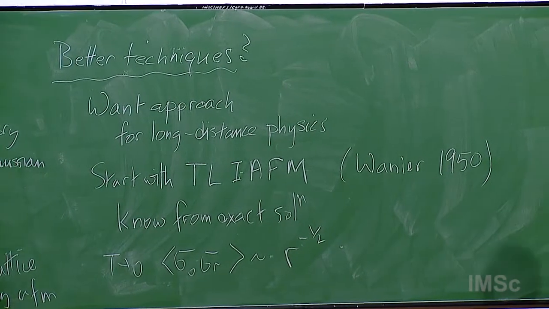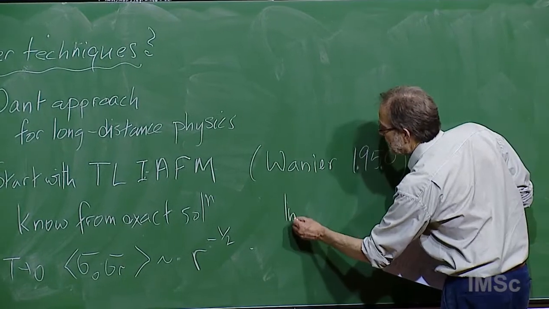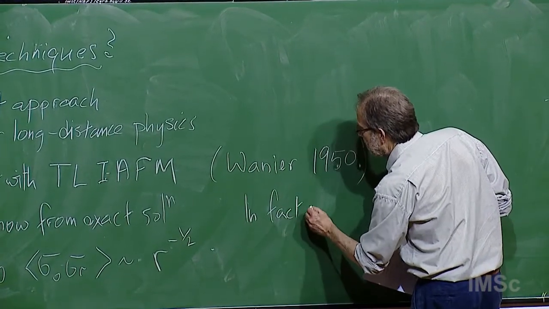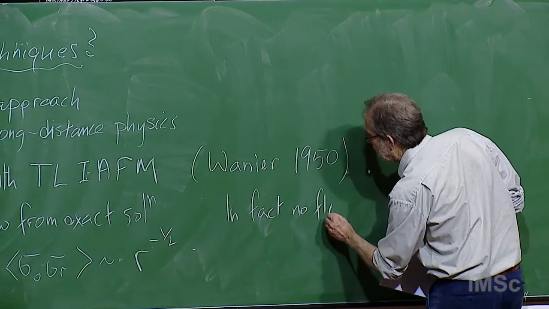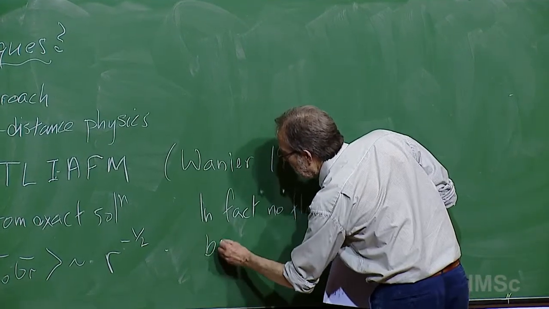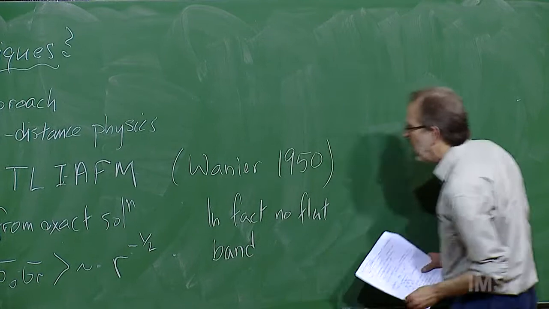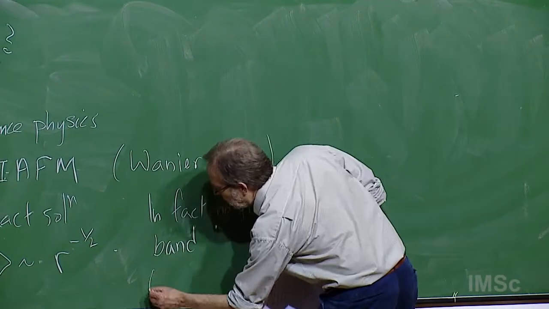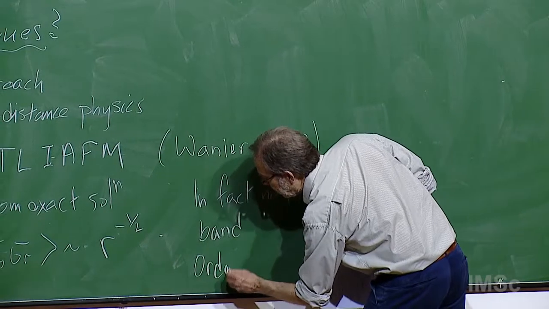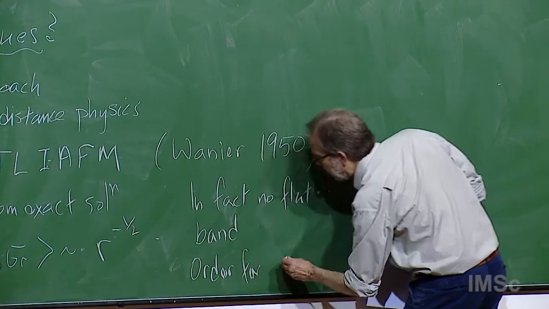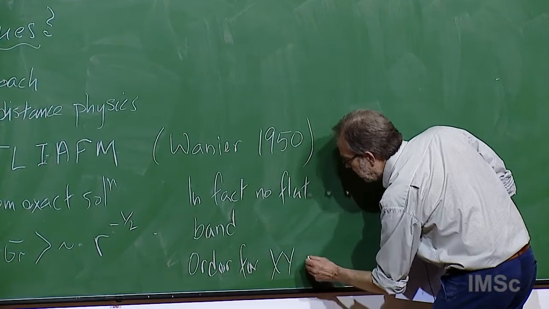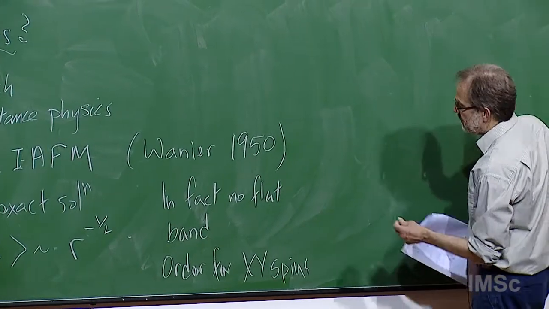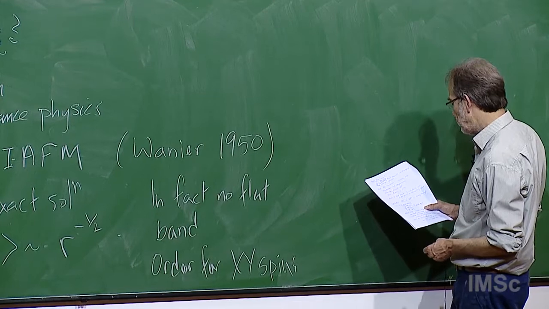So just to avoid confusion, I should say that, in fact, there's no flat band, and there's order for XY spins, but degeneracy for Ising spins.